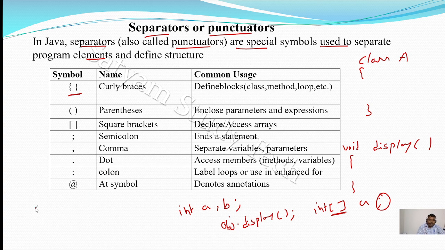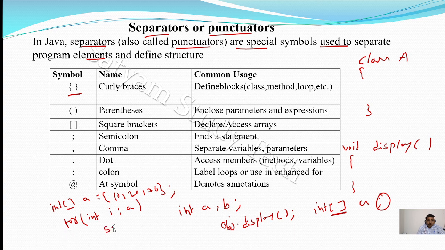For example, consider int a equal to 10 comma 20 comma 30. Three elements are there, so this is the array, and the size of the array is 3. Then use a for each loop, for example int I colon a.